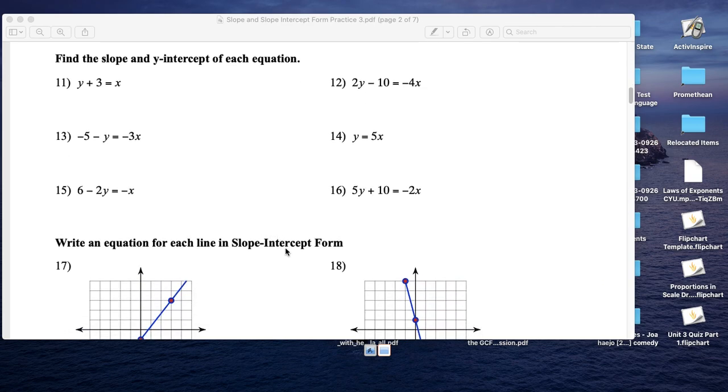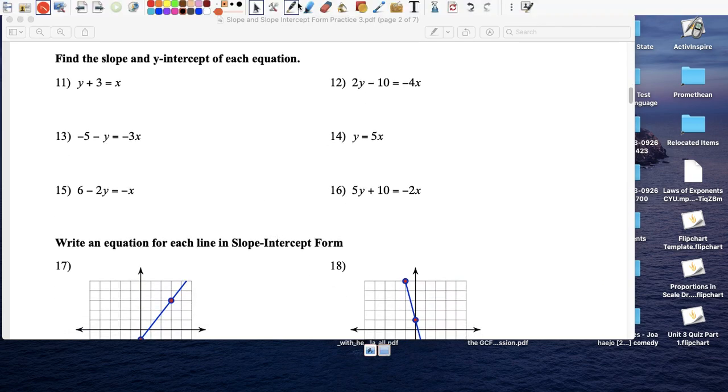Find the slope and y-intercept. Okay, so again, we have to change this to slope-intercept form, which is in this format. If you have the equations in this format, it's very easy to say who the slope is and who the y-intercept is. So we have to do a little work. Let's look at the first one. Y plus 3 equals x. Well, the y's already here, right? So let's get rid of the 3 and throw it to the other side.